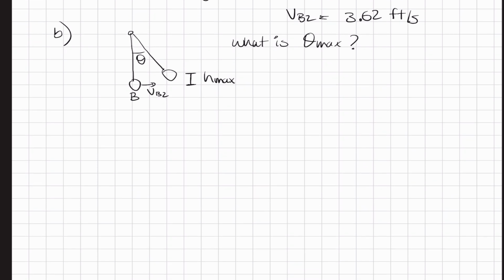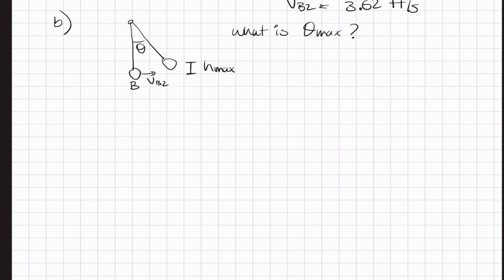So let's write the equation for conservation of energy, which is T1, initial kinetic energy, plus initial potential energy is equal to final kinetic energy plus final potential. So what's T1? It's 1/2 mv squared, right?